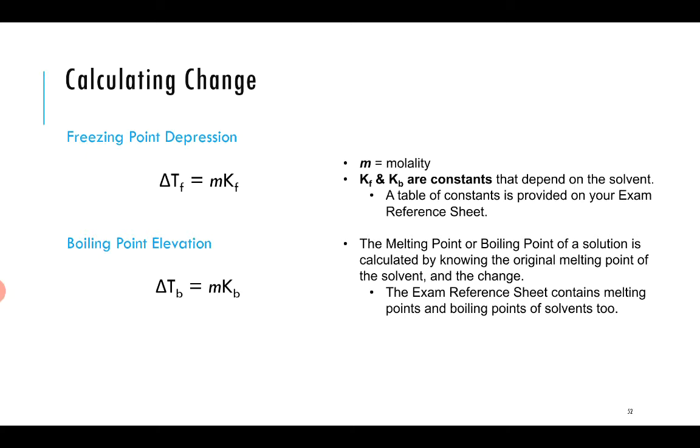So how exactly can we calculate how much our freezing point is depressed or how much our boiling point is elevated? Well, we have these equations here that will help us calculate just how much it's changed. We have to remember this delta symbol from when we had our delta T. Delta means change in.